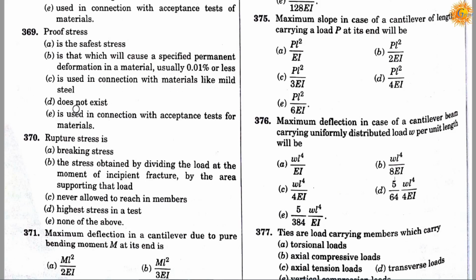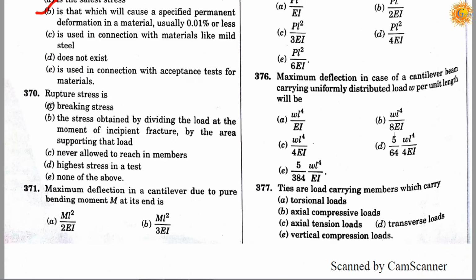Option D does not exist, and option E is used in connection with acceptance test for the materials. Correct answer is B. It is that which will cause a specified permanent deformation in a material, usually 0.01% or less. Question number 370.